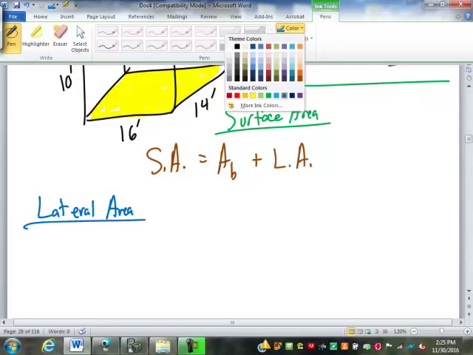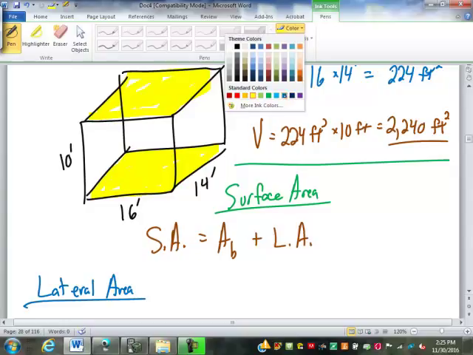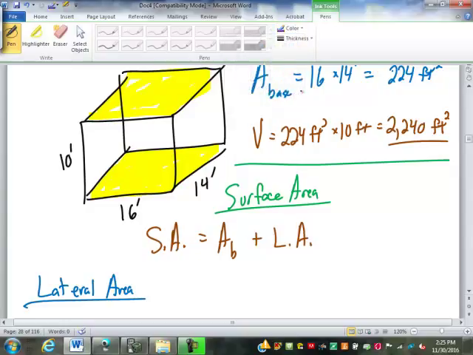For this one here, we have two bases. We have the bottom and the top, because they match up. They're the same. The lateral area is the area that connects those bases, so it's all these rectangles around the sides.